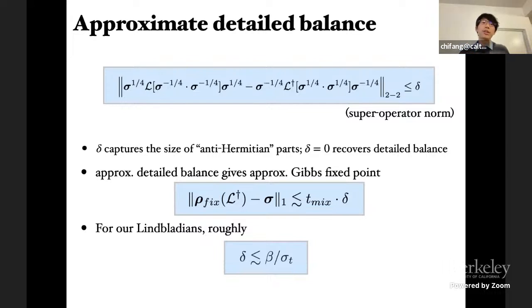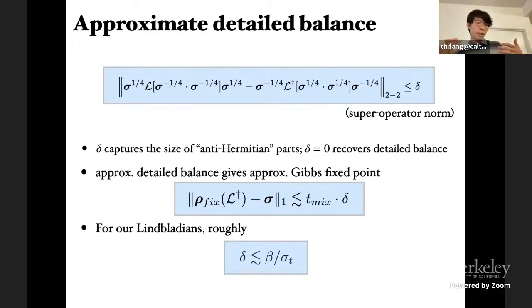In other words, the properties of detailed balance, such as the fixed point, are robust once you use this norm. The error propagates in the following way: you have the error in terms of the fixed point as roughly the mixing time times this approximate detailed balance error. Intuitively, approximate detailed balance is some kind of error per time.